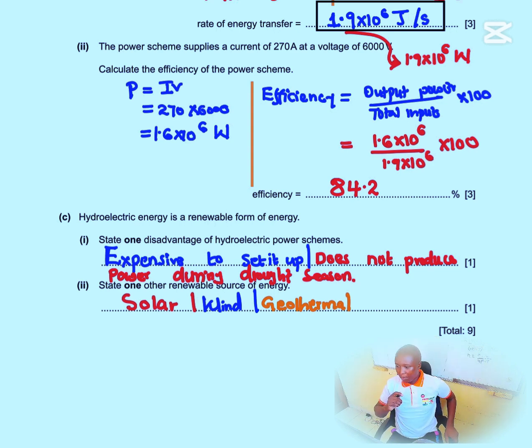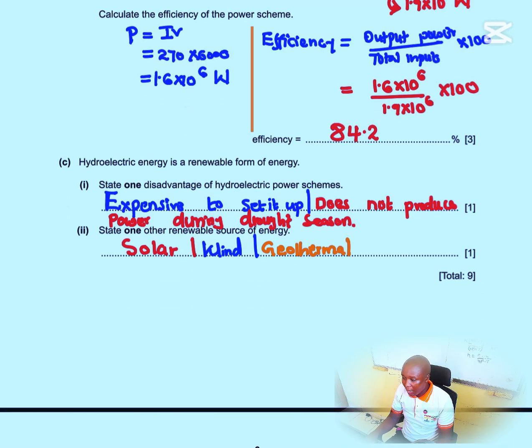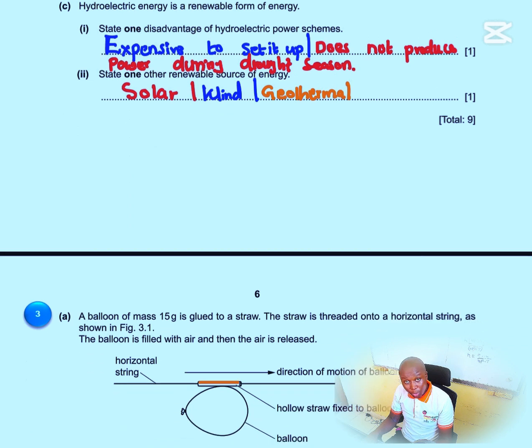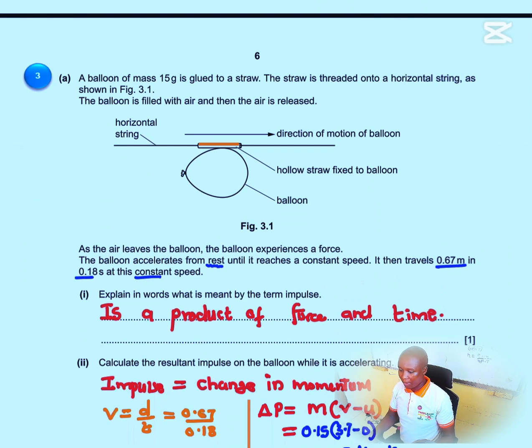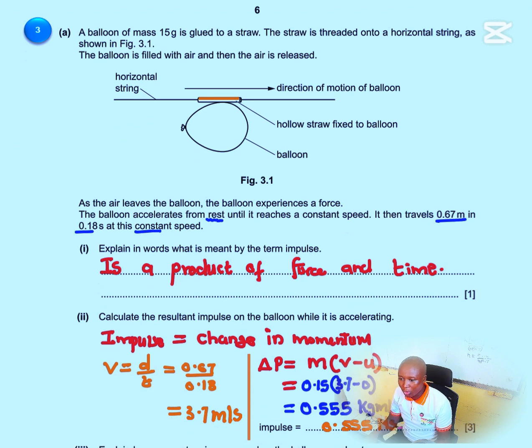At this point, we shall talk about renewable. Solar: will you ever use the energy of the sun and finish it? You can never deplete it. Will you ever finish the energy of wind, waves and tides? Geothermal, you will never deplete that. Those are some of the examples, but you need to revise more on that so that whenever a question comes from there, you'll be in a position to answer it.